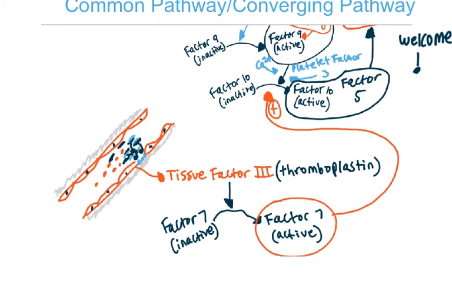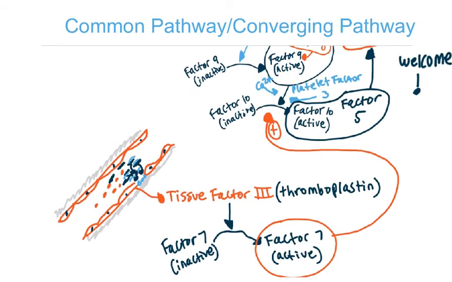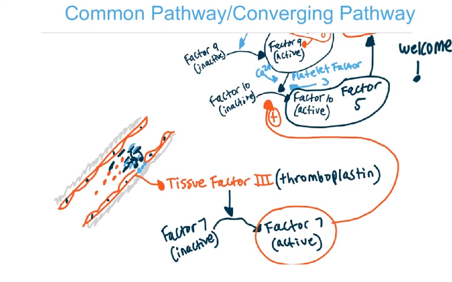In the extrinsic pathway video, we left off saying that thromboplastin activates the inactive form of factor 7 into the active form of factor 7, then factor 7 helps activate factor 10. Factor 10 and 5 form a complex known as prothrombinase, which we'll write down.